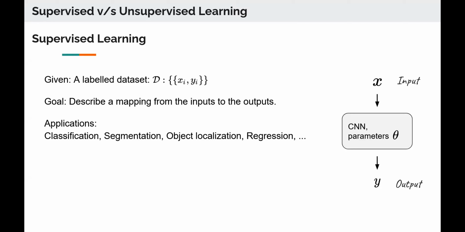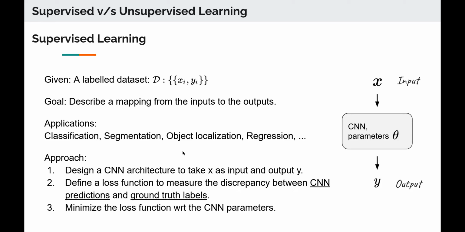So we always have X and a corresponding Y. Typically in our case, X is an image and Y is a classification label, or a segmentation map, or the high resolution image corresponding to the low resolution X, or something like this. X and Y are always paired, and we have a data set of these. And then we can do a number of applications like this. And how we do it is basically a 3-step approach.